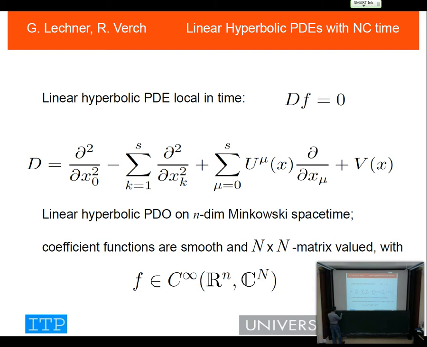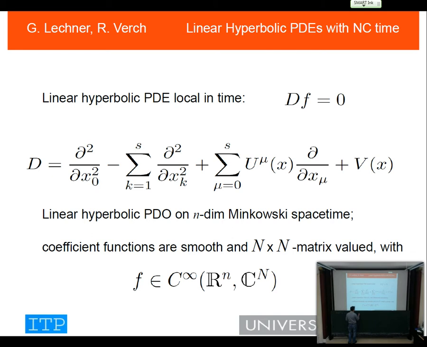So if you have some compactly supported n-component smooth function, then when you apply the differential operator on the fundamental solution applied to the function, you get the function back, and assuming sufficient symmetry of the differential operator, that works also if you exchange the order.